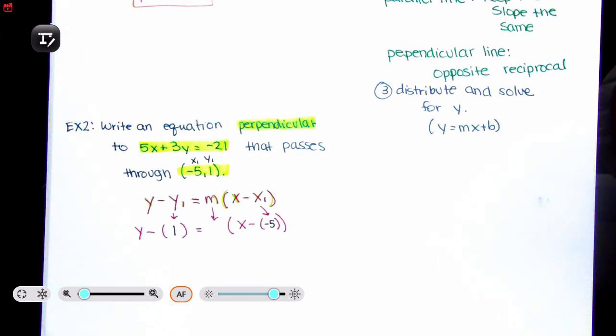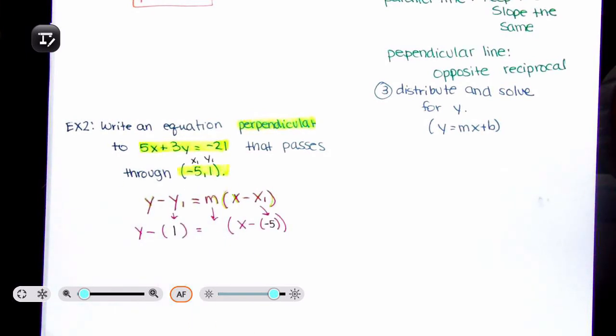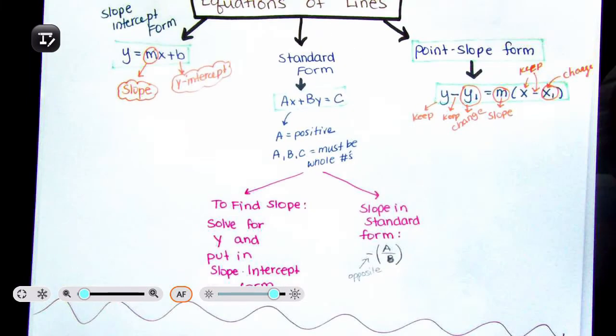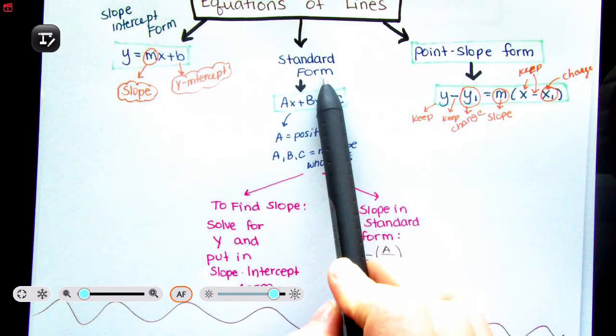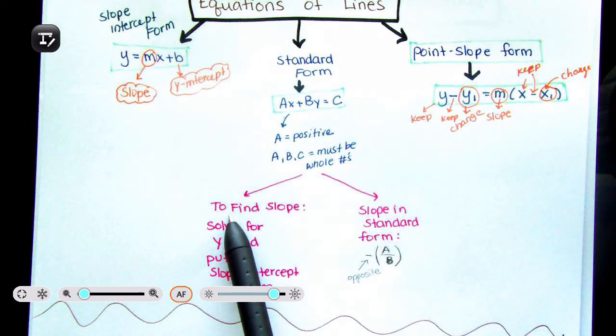This is where I said we're going to just alter our steps from example number 1 just slightly to fit example number 2. So if you are given a standard form equation, I'm going to bring back our graphic organizer from our previous video. If we have a standard form equation, ax plus by equals c, you can find the slope in 2 different ways.